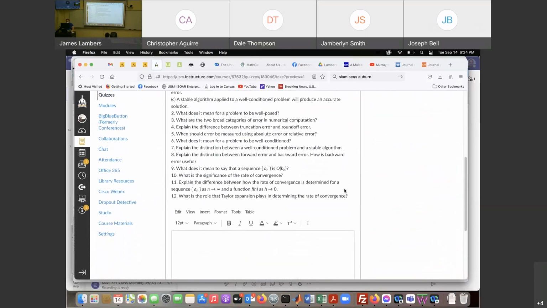Okay, the role that Taylor expansion plays in determining a rate of convergence. Actually, the example that I showed with sine, there's a similar example in the text with cosine. So when we replace the function involved by its Taylor expansion, what does that give us?